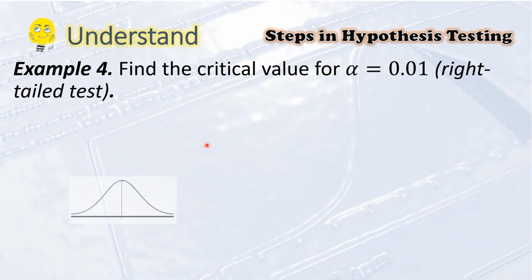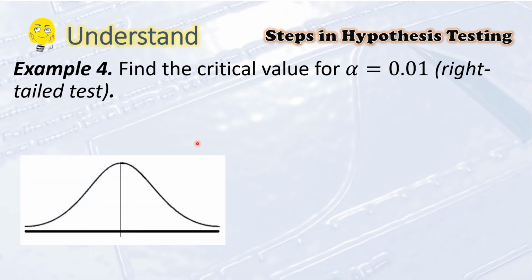So for step 1, we draw the figure, and since this is a right-tailed test, the critical value and the critical region is to the right of the mean. The area to the right of the critical value will be 0.01 since alpha is equal to 0.01.